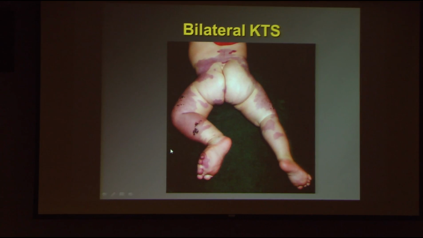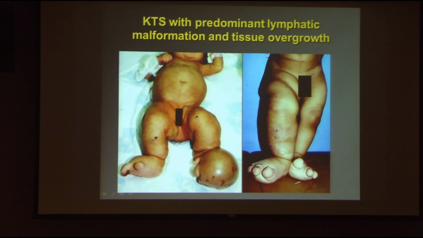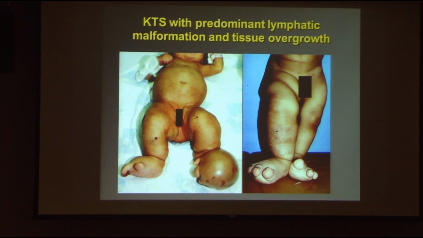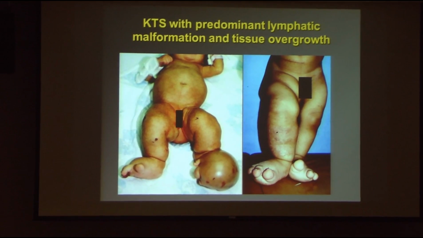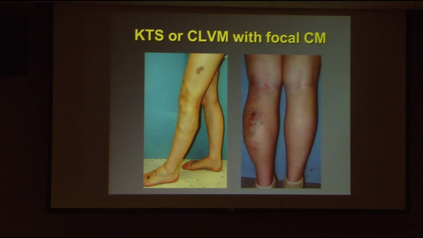This patient has bilateral disease, and this one has more lymphatic component, and two more patients. So these cases really just show the spectrum of different components of tissue overgrowth, lymphatic disease, venous anomalies, and so forth. But when I image the lower extremities, quite often I see the same kind of venous anomalies.